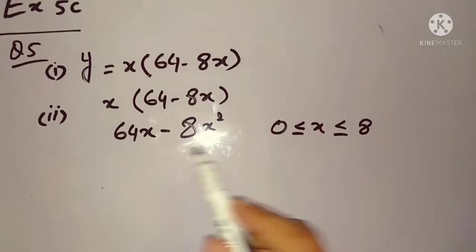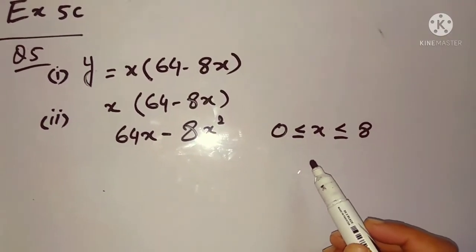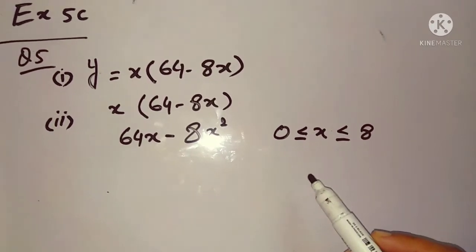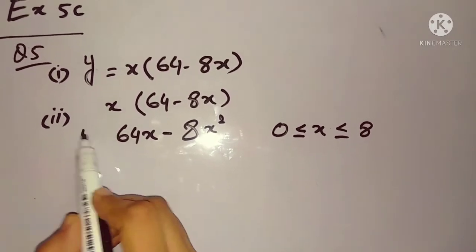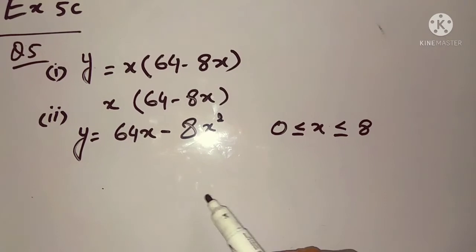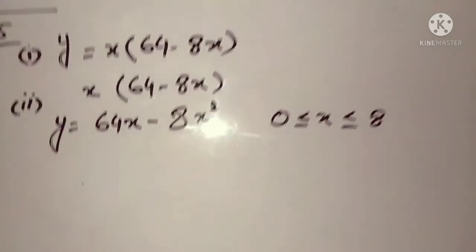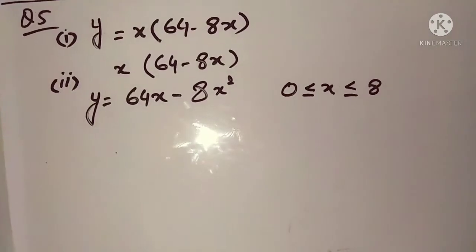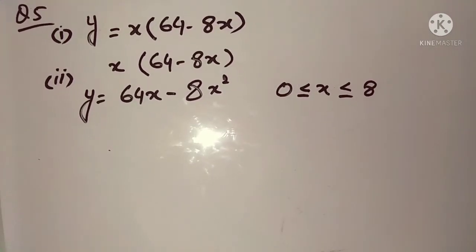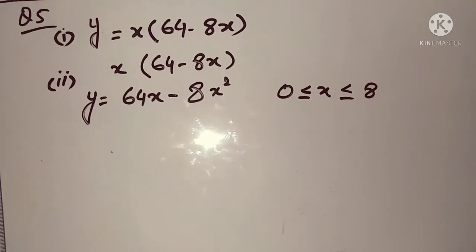For drawing the graph, you have to draw the table. How would you draw the table? I'm going to draw the table to find the values of x and y, so that we can plot the points on the graph, because to plot the points you need to know the values of x and y.